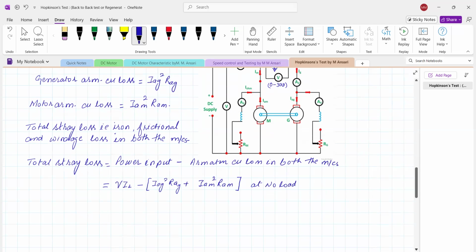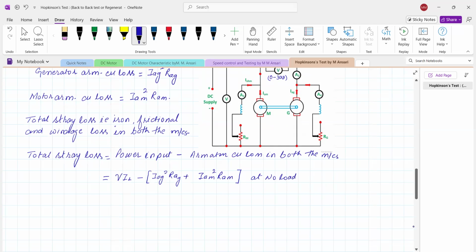Now, for the efficiency, we will give the name W to the total stray loss.